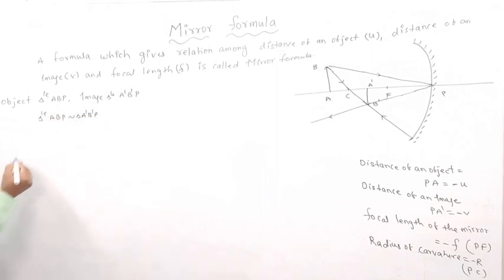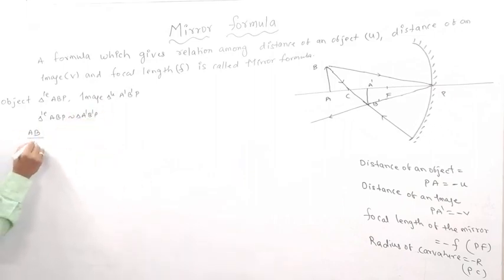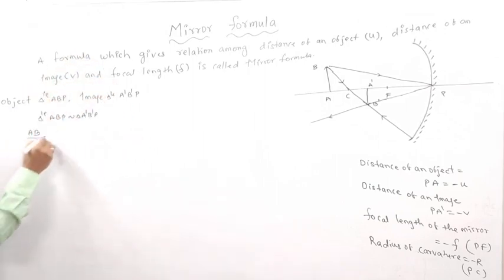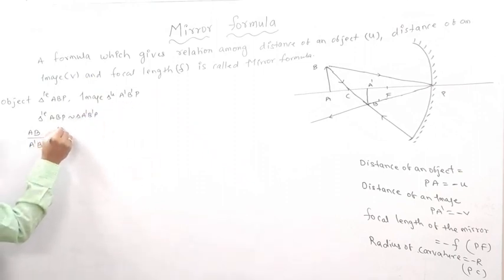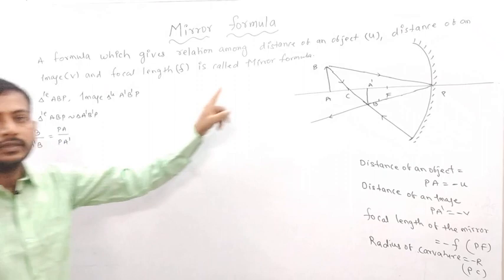That's why I am writing height by height. The height of the object is AB, the height of the image is A dash B dash. The two triangles' heights are AB and A dash B dash, and the base is what, children? PA by PA dash. I am not going to take the hypotenuse. Why?